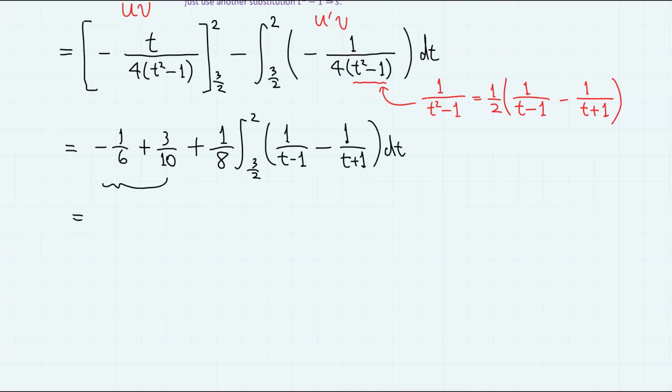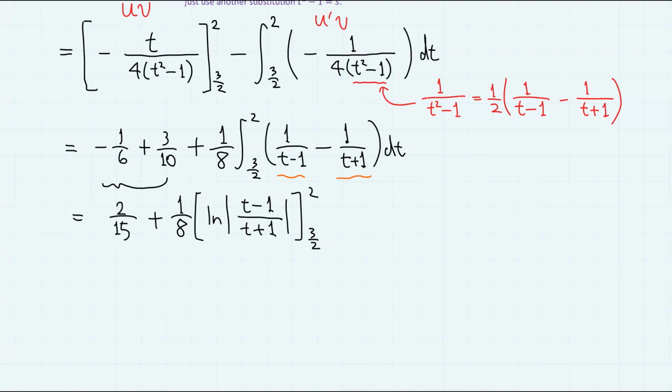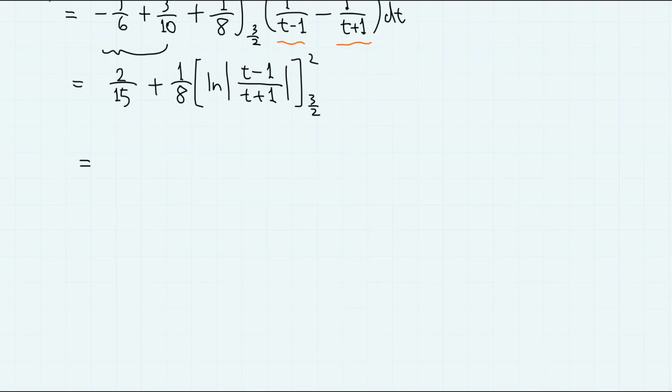So these two give 2 over 15, then plus 1 over 8 times. And the integrals of these are easy. They are just integrals that give logarithmic functions. And you can easily find that the end result is just ln absolute value of t minus 1 divided by t plus 1. And you can easily find the answer 2 over 15 plus 1 over 8 times ln 5 over 3.